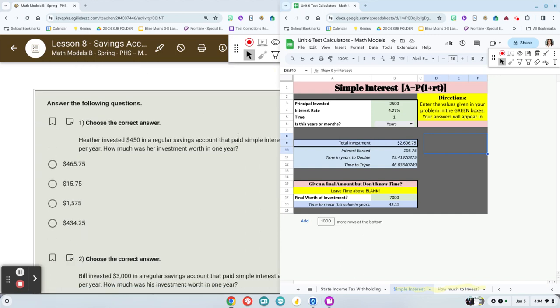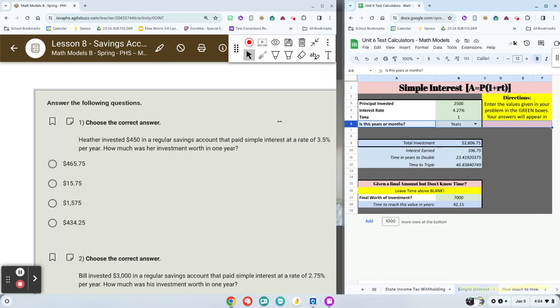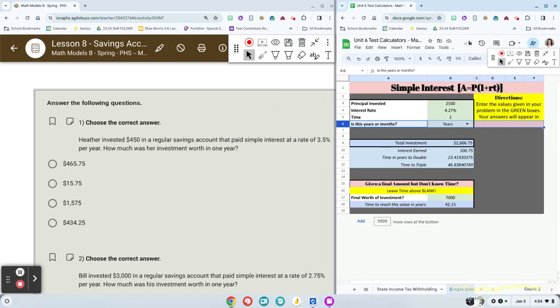All right, let's do number 1 from your homework assignment. Okay, so Heather invested $450. So on the simple interest formula calculator, I'm going to put 450. It pays simple interest at a rate of 3.5%.